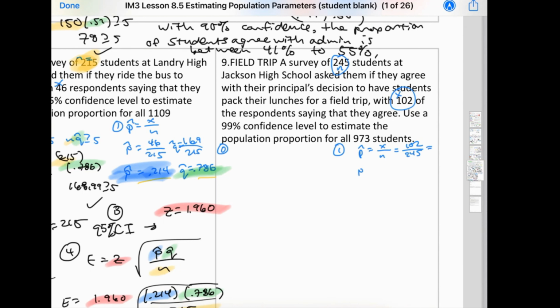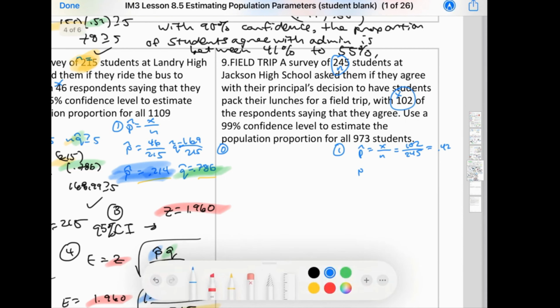So p hat is equal to 102 divided by 245, which is 0.42. Okay, so that means q hat is just 245 minus 102.